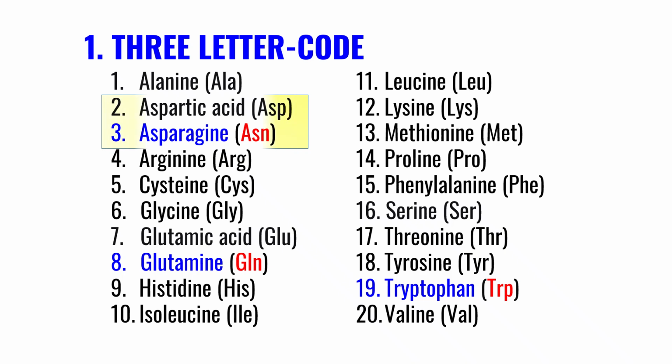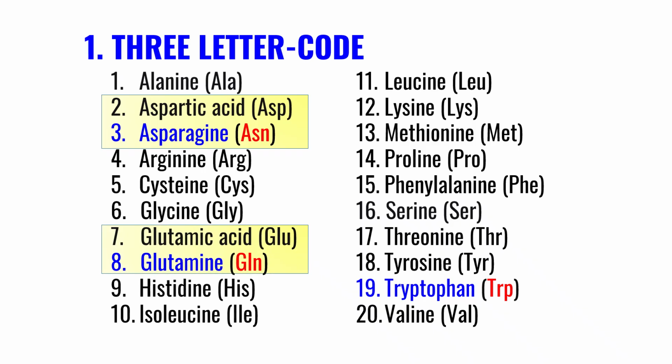The first group, which starts with A, is aspartic acid and asparagine. In both cases, the first three letters are the same, therefore you cannot assign ASP for both. ASP has been chosen for aspartic acid, whereas asparagine has been assigned ASN.